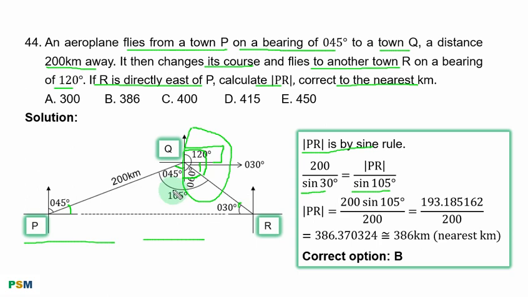You add it to 105 degrees, subtract the sum from 180 degrees. Sum of angles in a triangle here becomes 30 degrees. If you make PR the subject, you have it in this form and this result. When you divide, you have these results. To the nearest kilometer, we have 386 kilometers. The correct option is B.